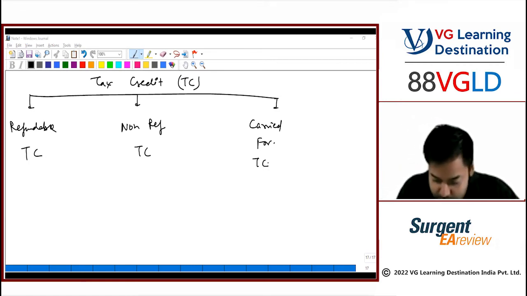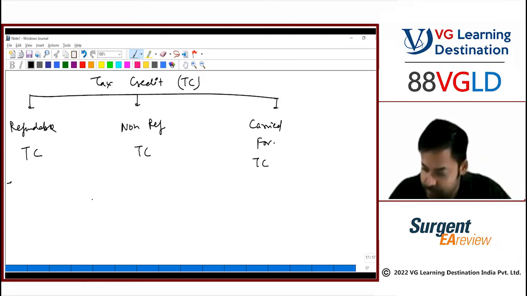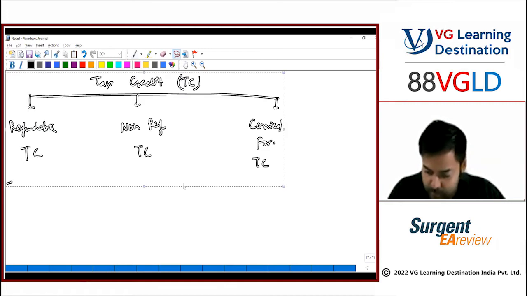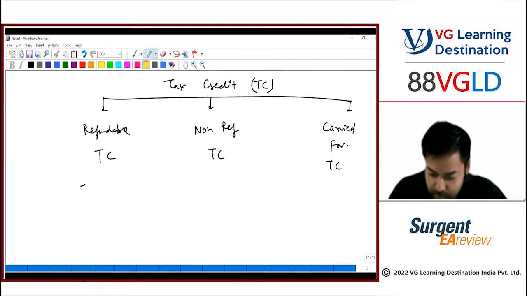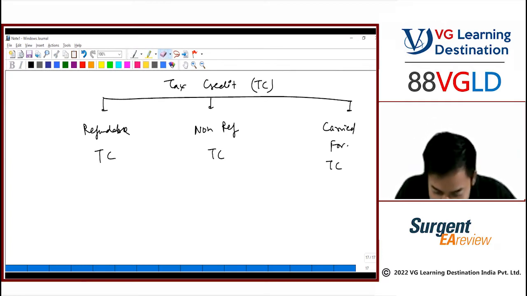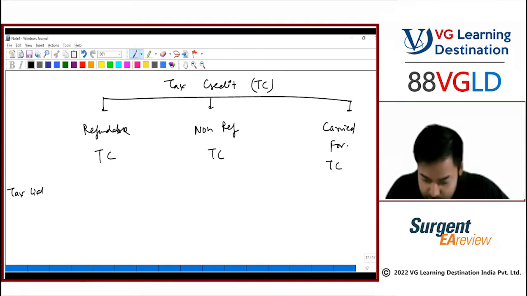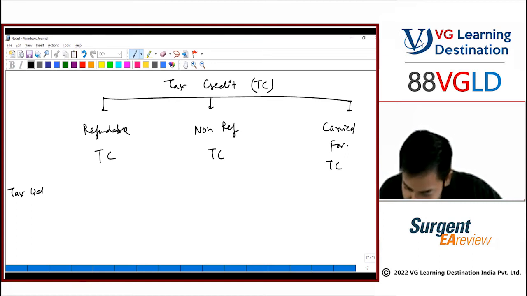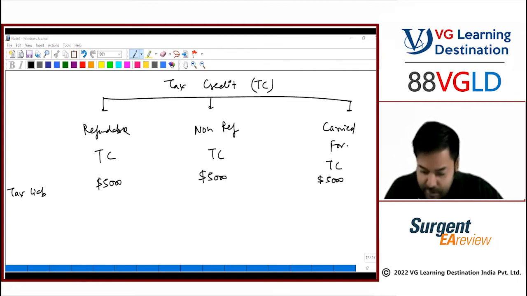I'm just making 3 scenarios. Let's say your tax liability is $5,000, $5,000, and $5,000 in each scenario.